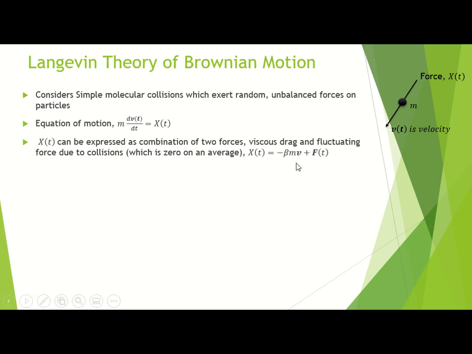One force is a driving force, which is because of the collisions, and another force is the opposing force, because of the viscosity of the medium. That is given by beta times mv, and that viscous force or viscous drag also depends on how fast the particle is moving. Therefore it is dependent on velocity.